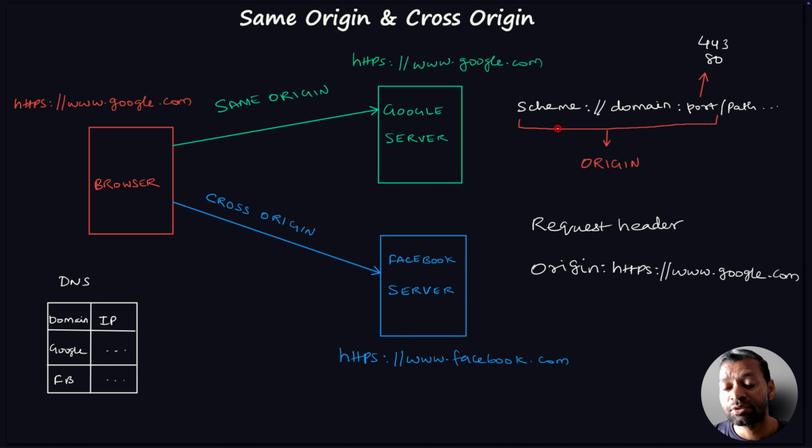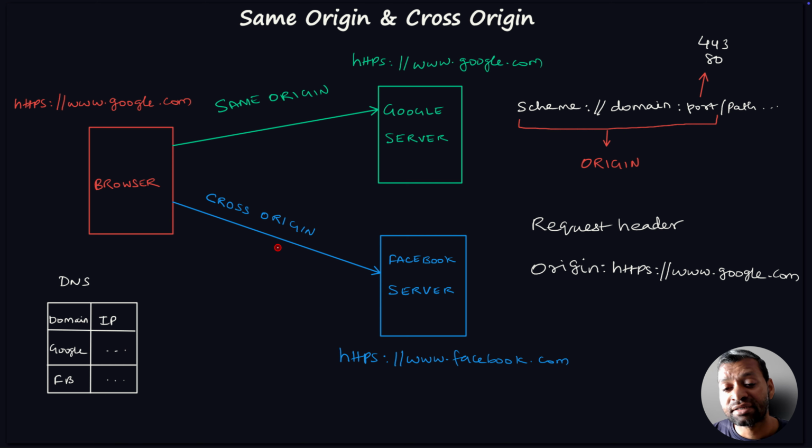Now, we have previously seen that the origin is made up of three parts: scheme, domain, and port. If any one of these changes, then that request will not be considered a same origin request. For example, hypothetically, let's imagine that the Facebook web server's origin is https://www.facebook.com.